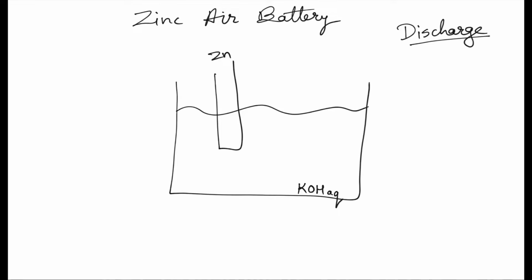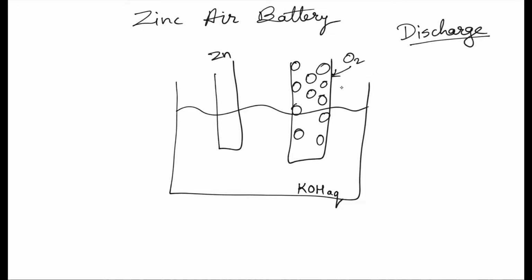Zinc will act as the anode, and at the cathode it can be any conducting material which is porous. The porosity is to facilitate the oxygen from air to oxidize or reduce depending upon the process. In the discharge process the oxygen will reduce. So this is the cathode and this is the anode.